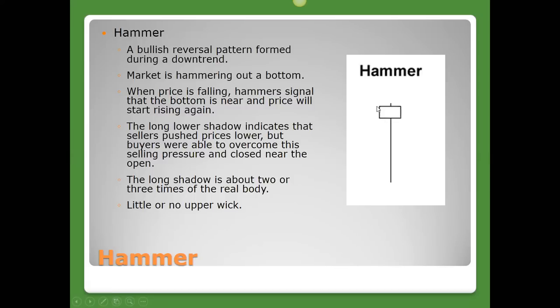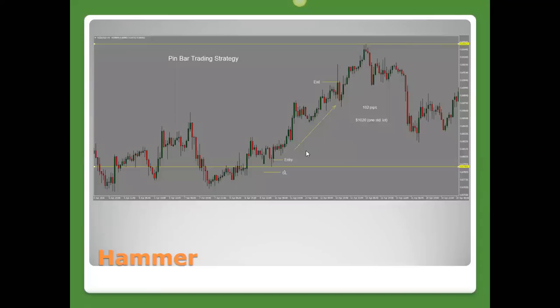And buyers have come in charge here instead of the sellers who were pushing the price down before. So normally we see this at the bottom of a trend, and very, very nice candles to trade. Here we have an example; we also call these pin bars. This is an example of a bullish pin bar or a hammer.